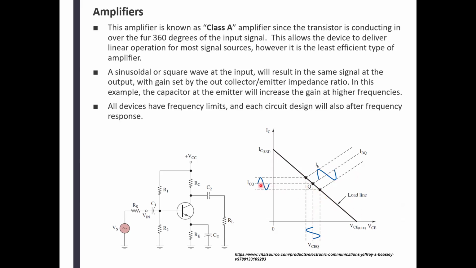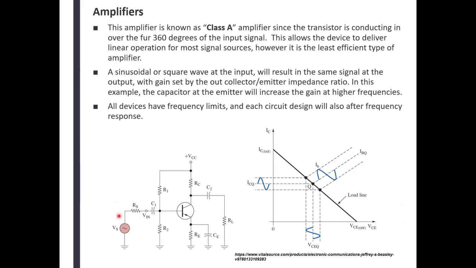So if we have this type of shape, we're going to have this type of shape on the output. Right. If we were operating outside of the linear region, then this shape would result in a different shape on the output.